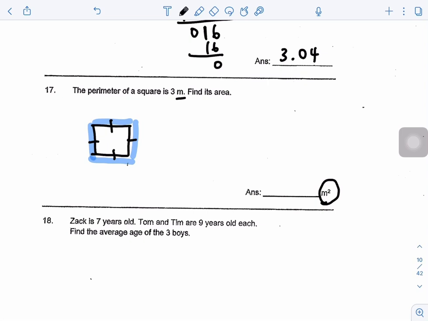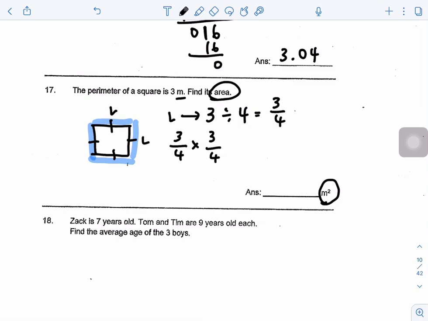Since the perimeter is 3 meters, one side, one length, should be 3 divided by 4. I'm gonna leave that as a fraction. 3 over 4. There's the length. How do we find the area? Area is length times length. So it's 3 over 4 times 3 over 4. That gives me 9 over 16.